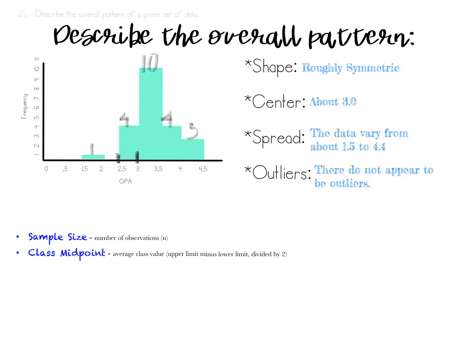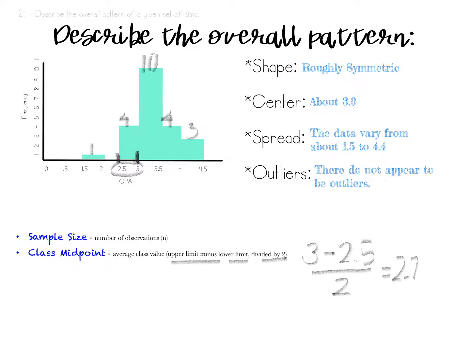So this one is the upper limit plus the lower limit divided by 2. So essentially, if I were looking for the class midpoint of this right here, I would take the upper limit, which is 3, and the lower limit, which is 2.5, add them, and then I would divide that answer by 2, and I would get a 2.75.